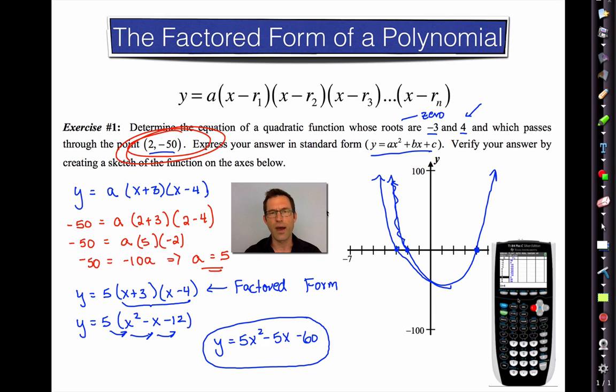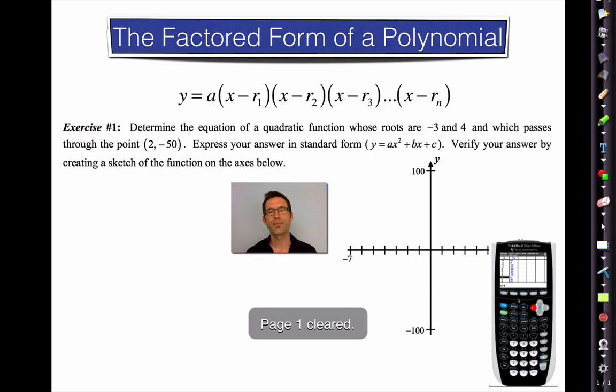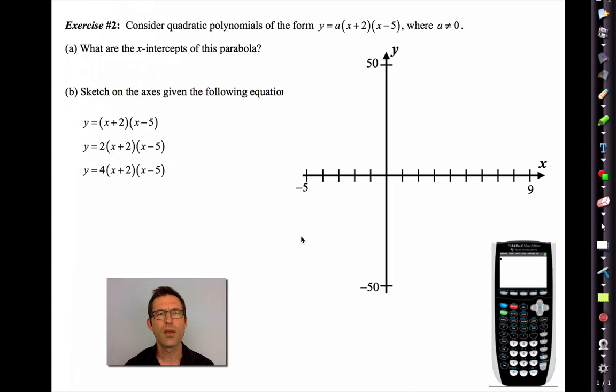But pause the video now and write down anything you need to. All right, I'm going to clear out the text. Okay, we're going to still need that graphing calculator, so don't put it away yet. I will make sure it gets large when it needs to, but let's go on to the next problem.